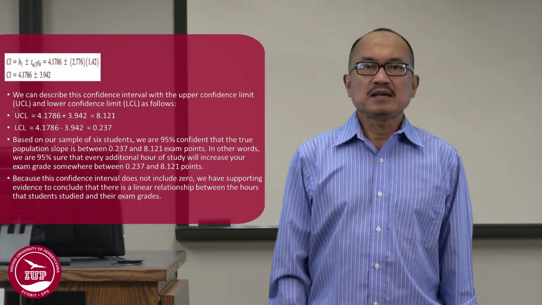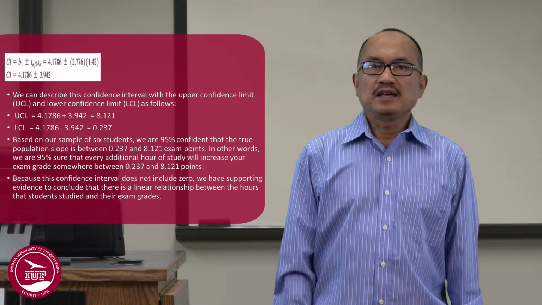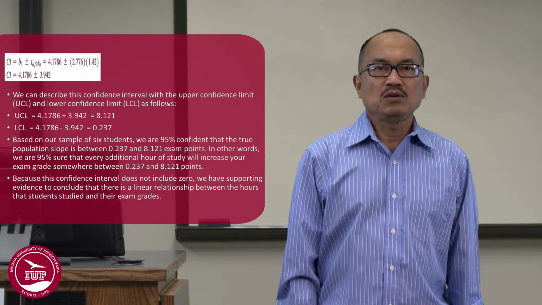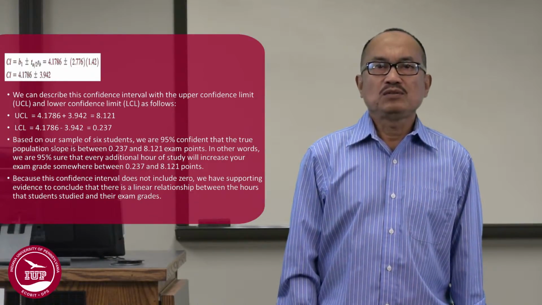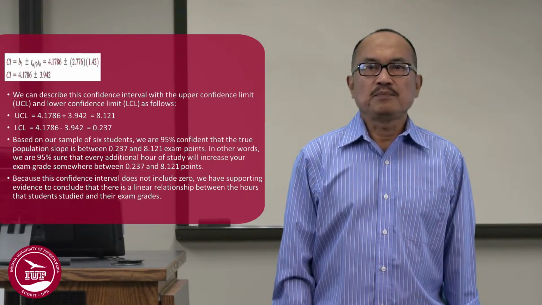Based on our sample of 6 students, we are 95% confident that the true population slope is between 0.237 and 8.121 exam points.